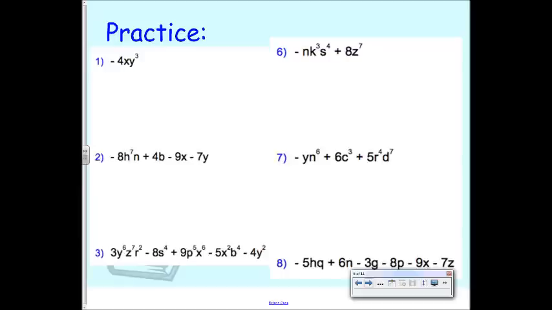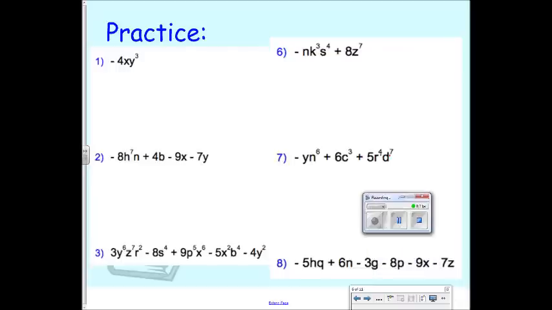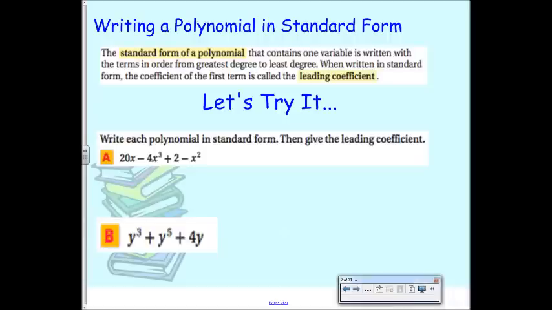So when we're talking about degrees of polynomials, the reason that we're doing it is to be able to write a polynomial in standard form. So the standard form of a polynomial that contains one variable is written with the terms in order from greatest degree to least degree. When written in standard form, the coefficient of the first term is called the leading coefficient. So I don't really care as much about leading coefficient.